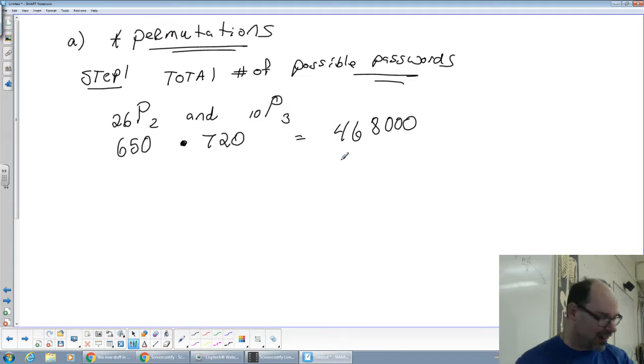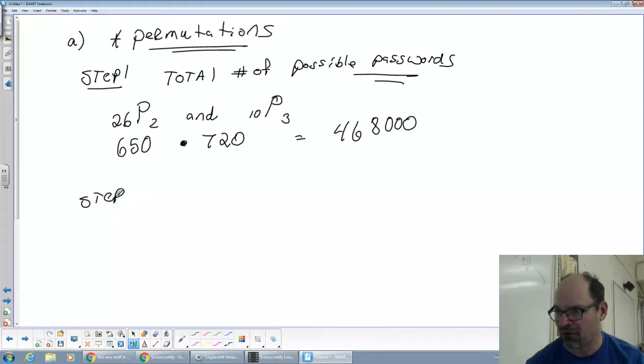Now what they're telling us is they're saying that the favorable conditions are, what is the probability that the password will contain an S and a Q, okay, and then have 3 letters after that. Repetitions are not allowed. Okay, so step 2 is to find the favorable ones.